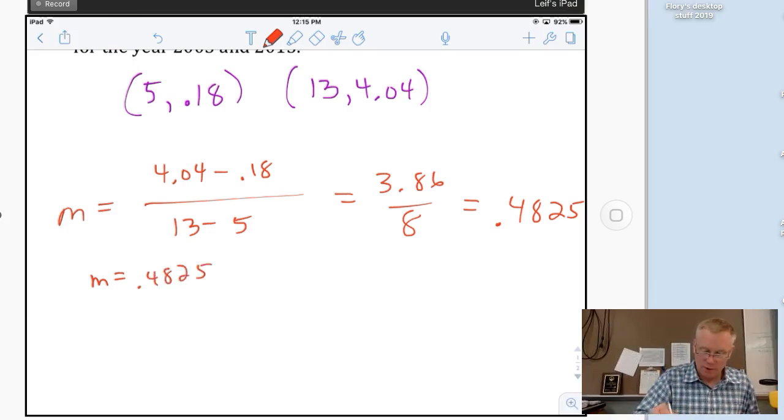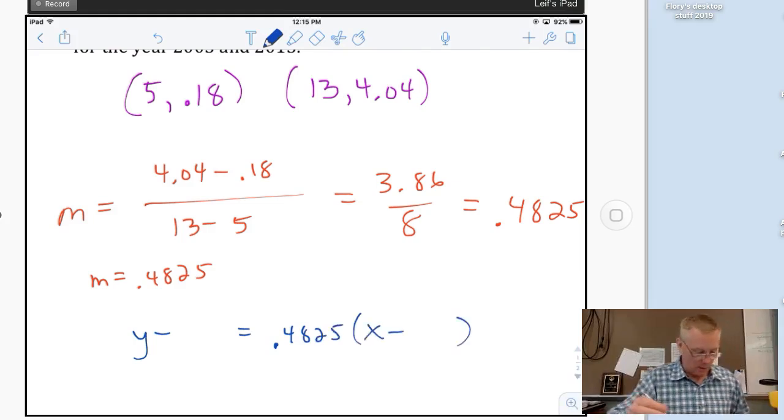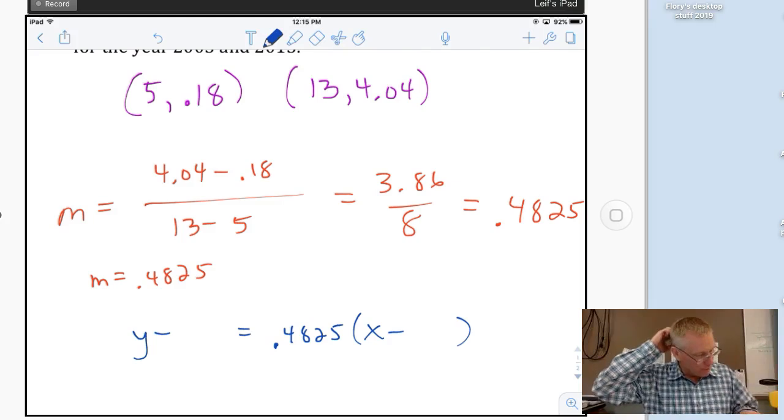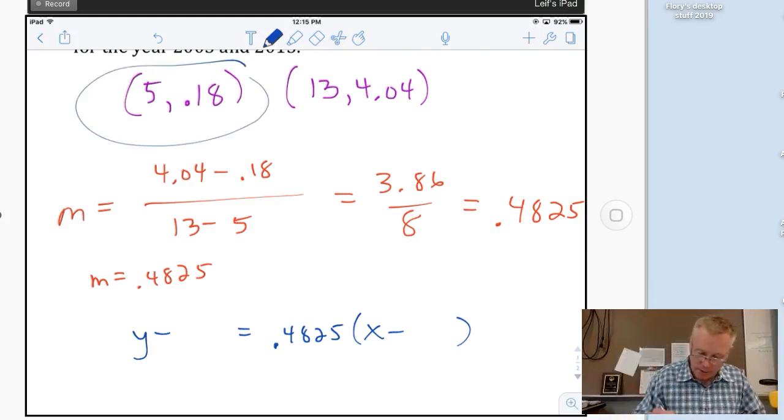Okay, so next, that's my slope. And now I want an equation, okay? So I'm going to use the same thing, y minus something equals the slope, which is 0.4825 times x minus. I'm going to use one of the points. You could use either one, really. I'm going to go with this one. I kind of like the 5. So that's y minus 0.18 equals 0.4825 times x minus 5.